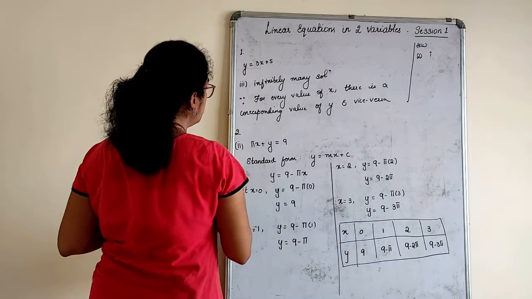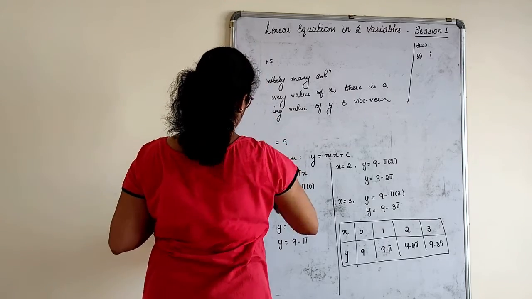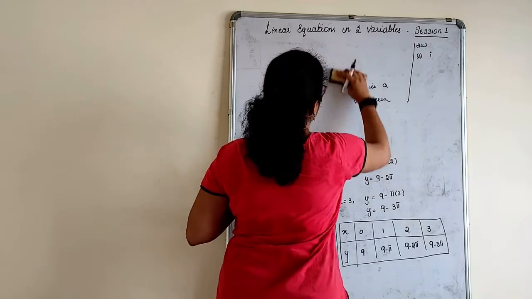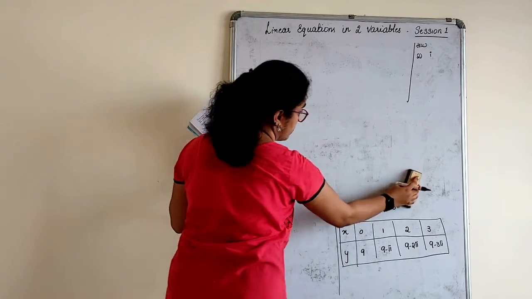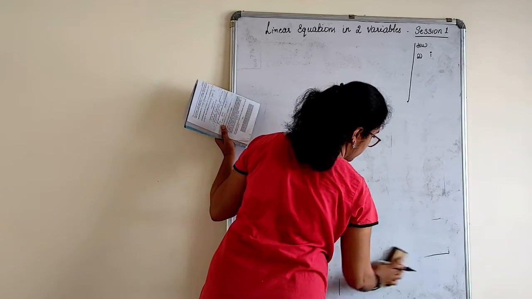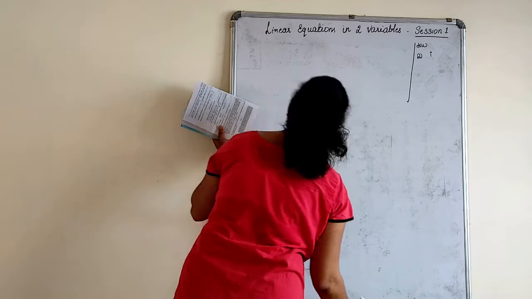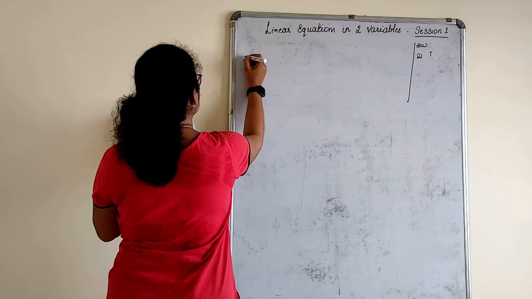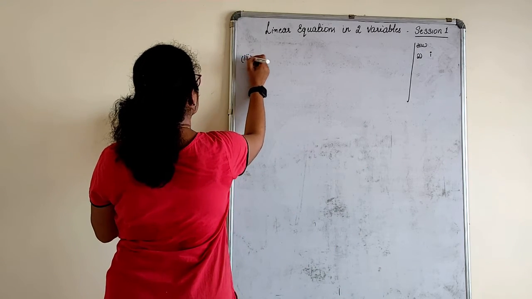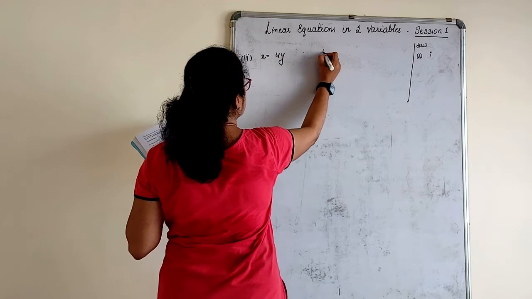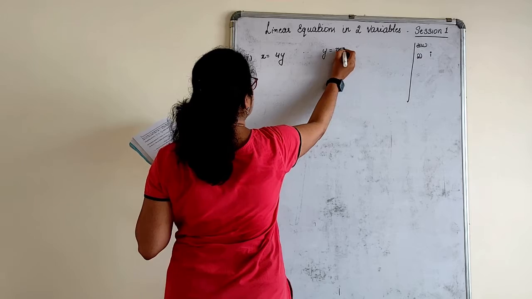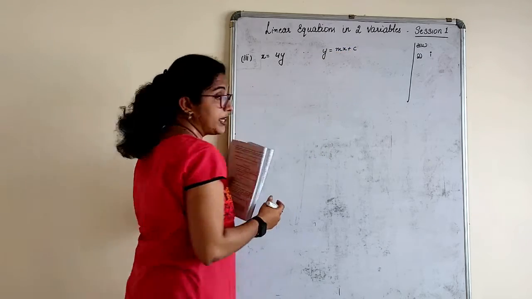x is equal to 4y. Now, what is the standard form? y is equal to mx plus c. Okay.